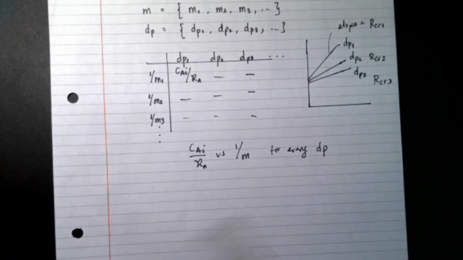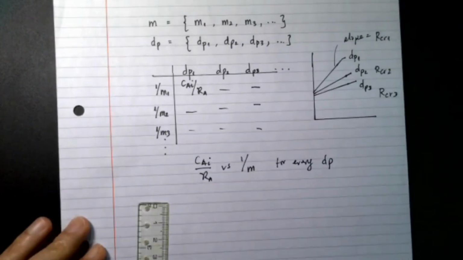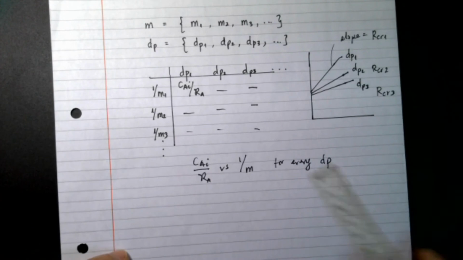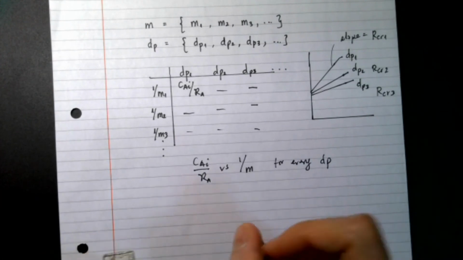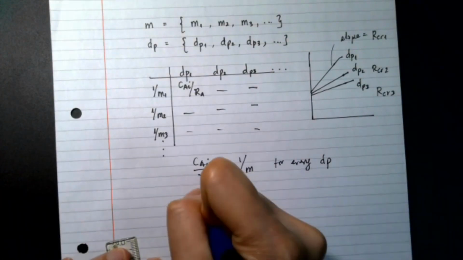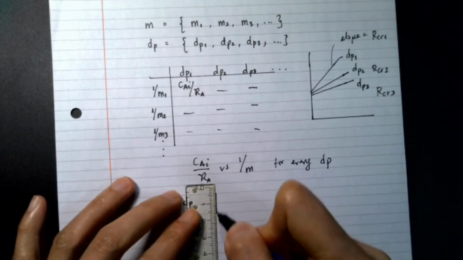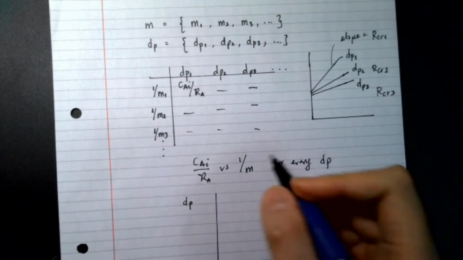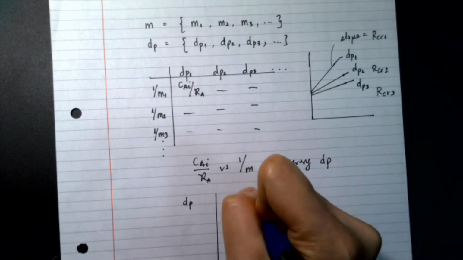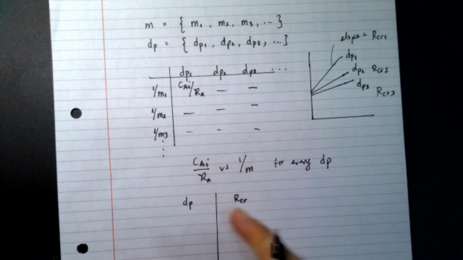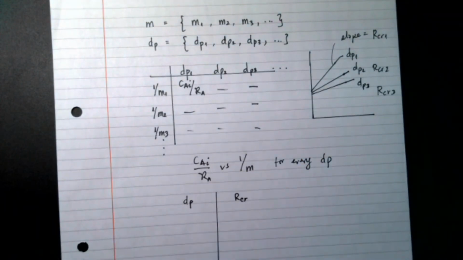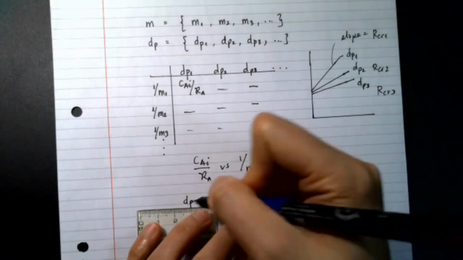So you'll have another table. Here you can have particle diameter and the slope. The slope is the RCR, the combined resistance due to external diffusion, internal diffusion, and surface reaction.